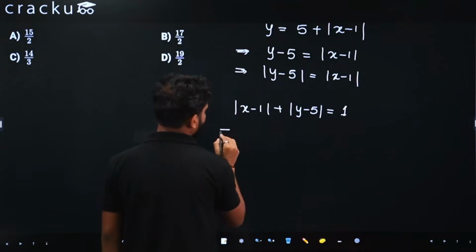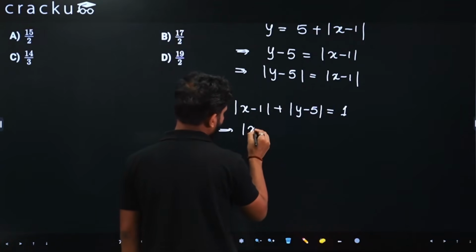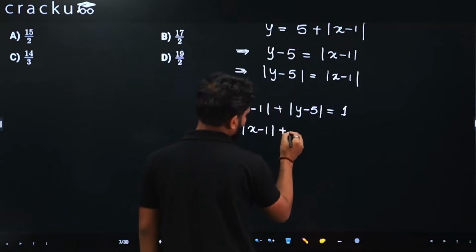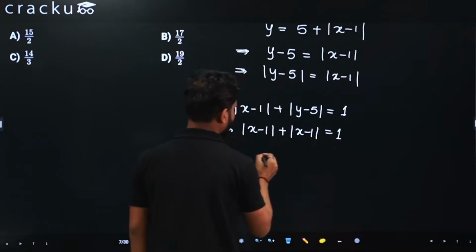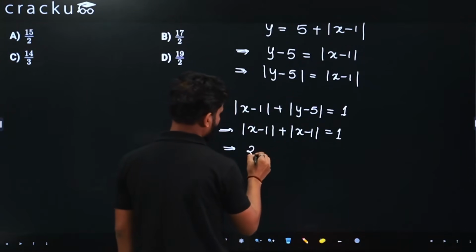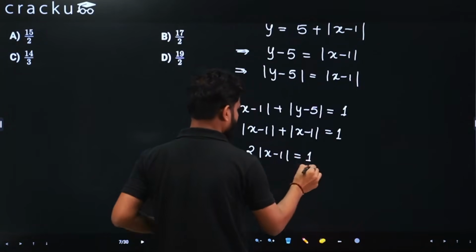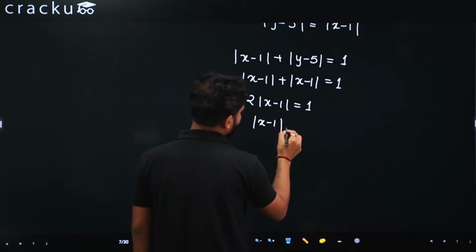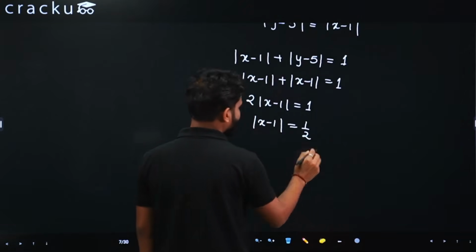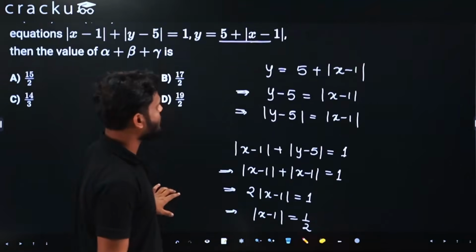Correct? Now, mod of y minus 5 is mod of x minus 1. So, mod of x minus 1 plus mod of x minus 1 is equal to 1, or 2 mod x minus 1 is equal to 1, or mod of x minus 1 is equal to 1 by 2. Correct?